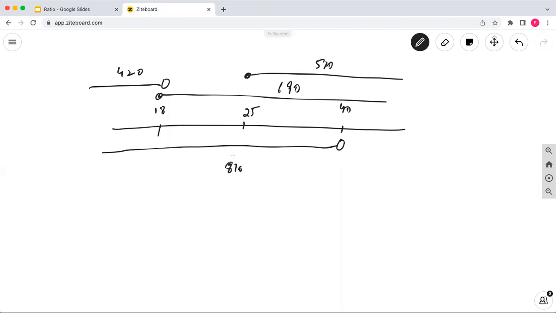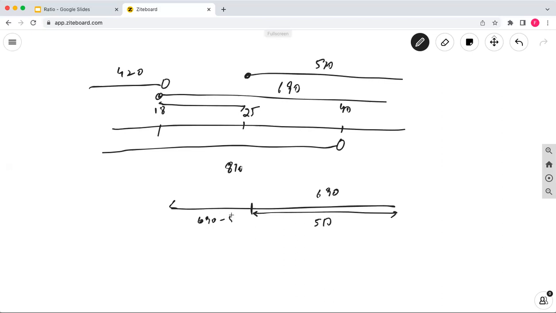First of all, we are asked to find equal to or greater than 18 and less than 25. How can you find that? One way is we have this total value. If we subtract this 510 from 690, we will come up with this value, right? So 690 minus 510 is equal to 180. So we found this value, which is 180.